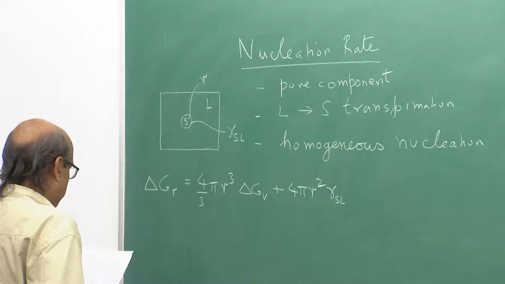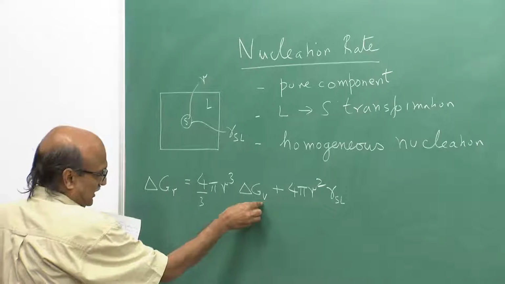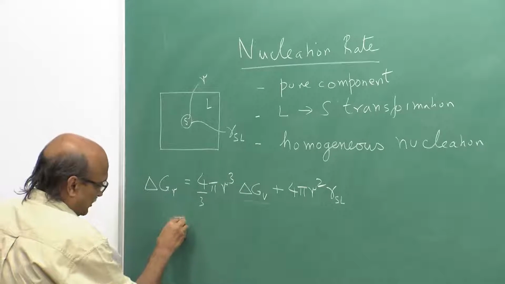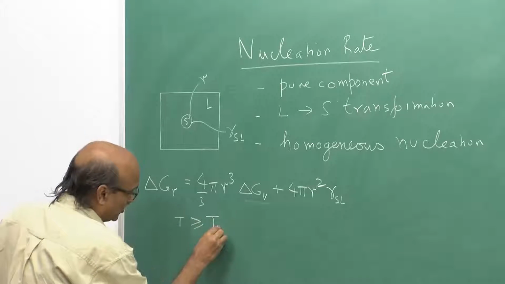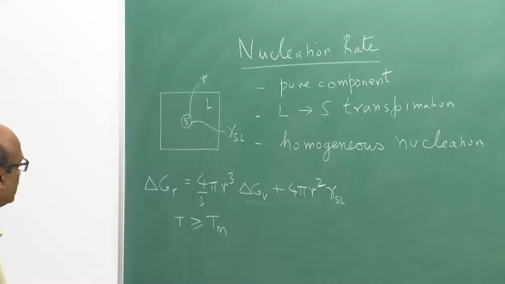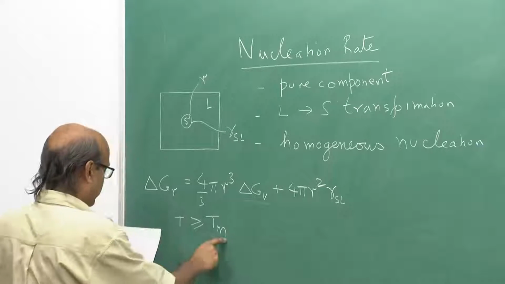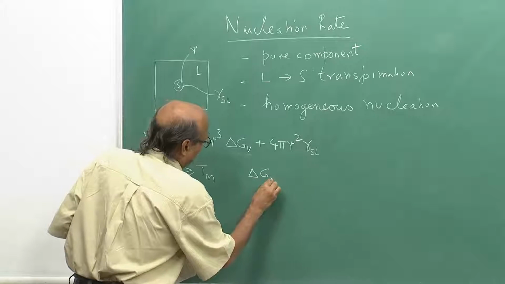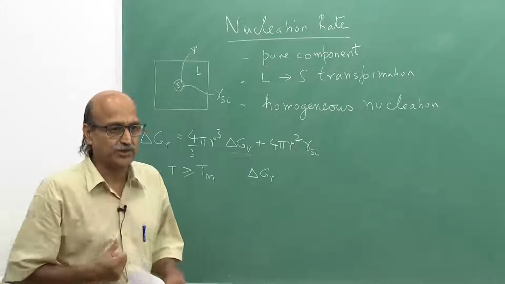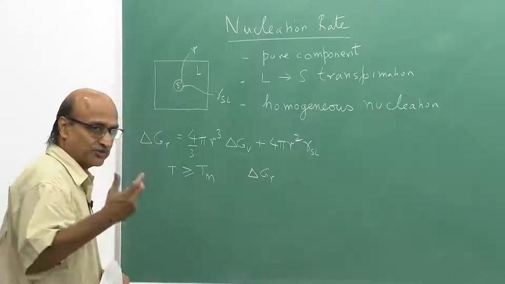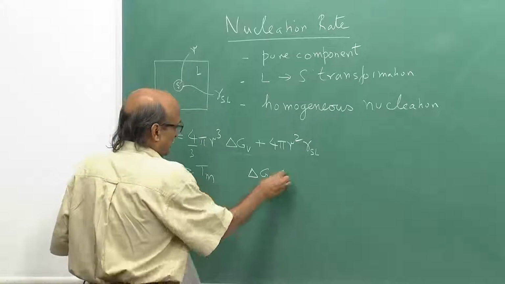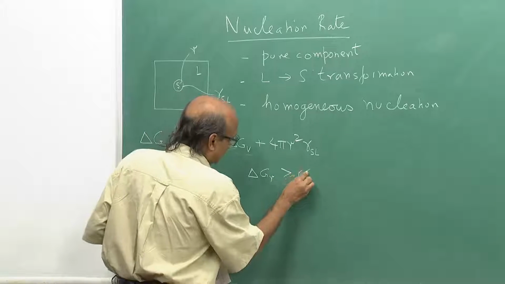If we examine this, let us first look at delta GV. We can look at temperatures greater than or equal to the transformation temperature, or the melting point of the solid of the pure component. So, T greater than or equal to Tm, we would have the overall change in free energy whenever a nucleus forms, a cluster of atoms or a cluster of molecules forms, delta Gr is always going to be greater than or equal to 0.